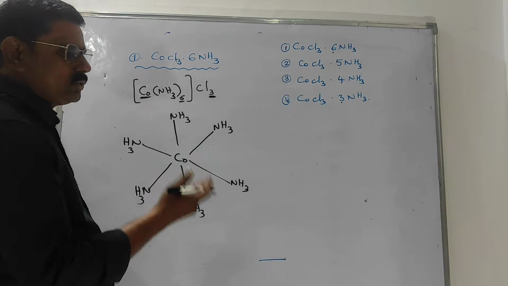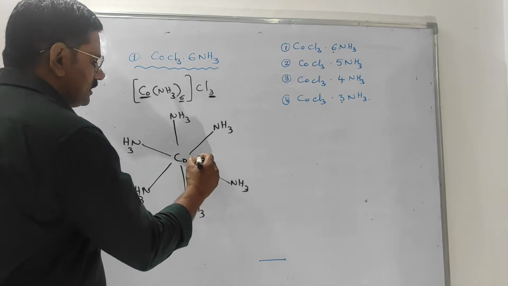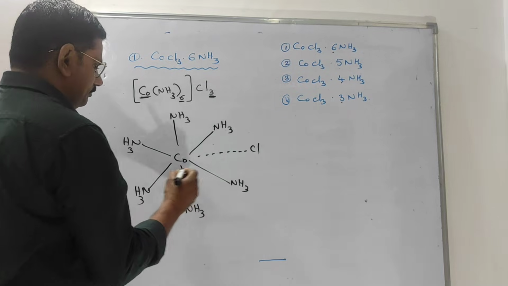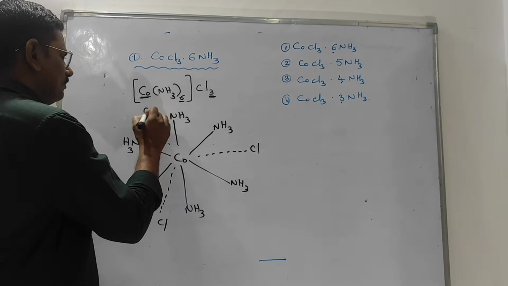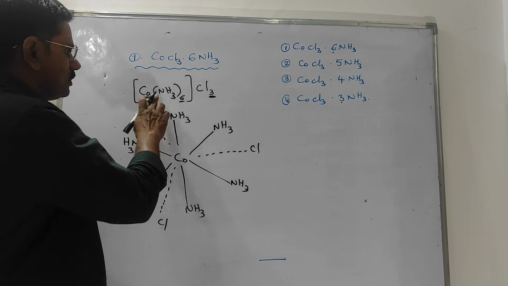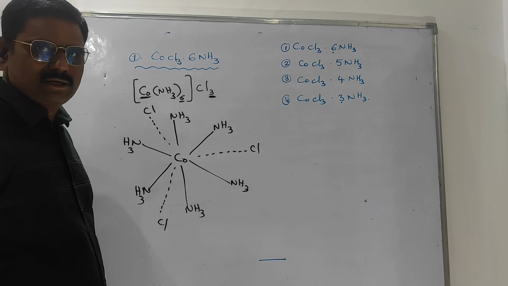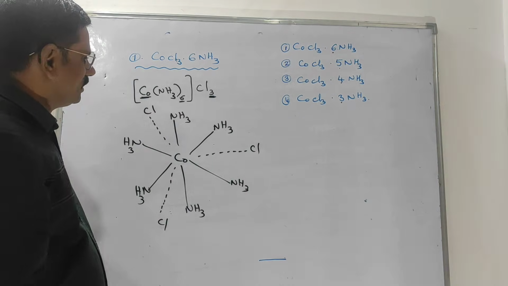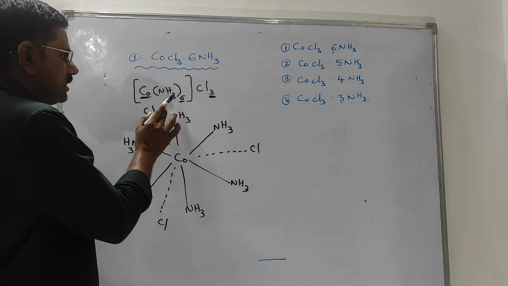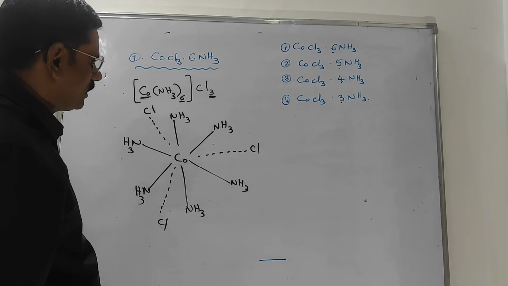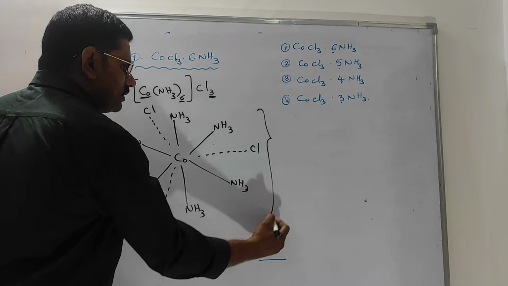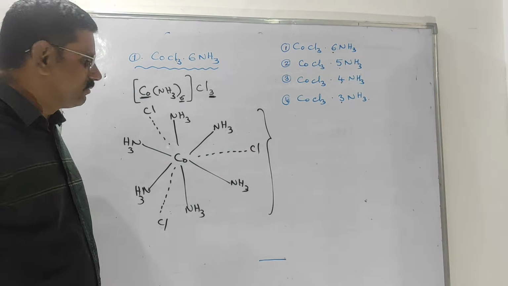The ions outside the coordination sphere are represented by a dotted line. It is the structure of [Co(NH3)6]Cl3. Can you name it? It is known as hexaamminecobalt(III) chloride.